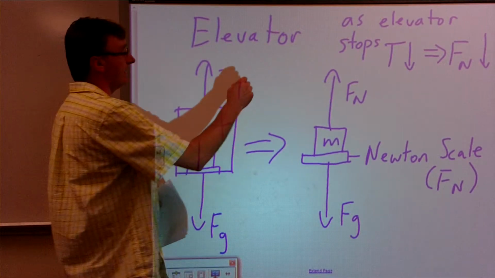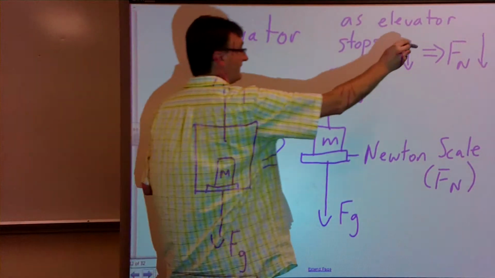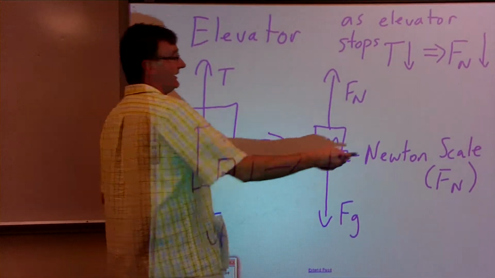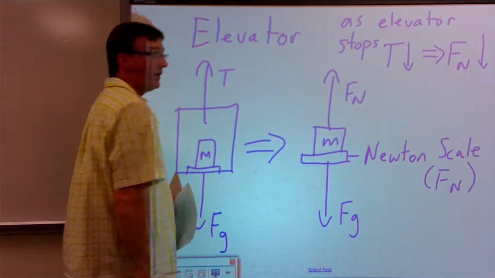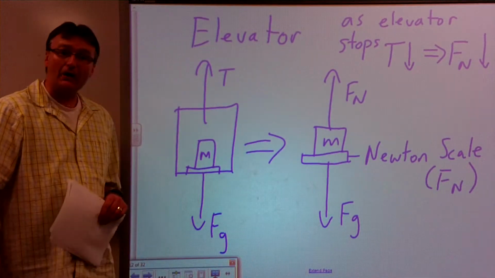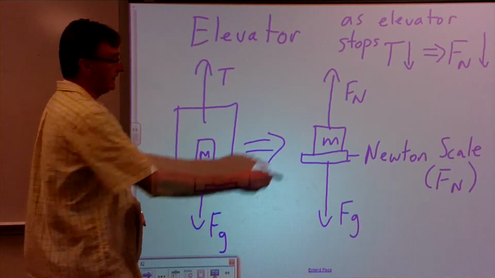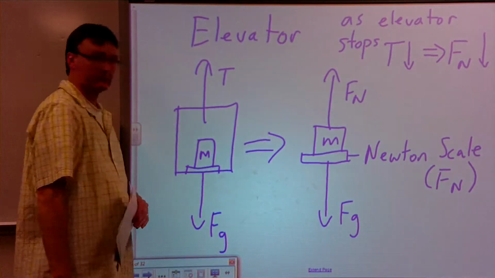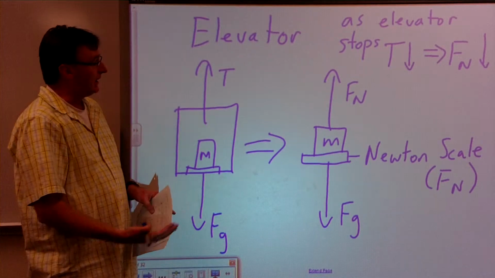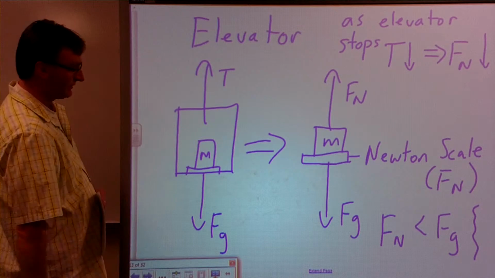In order to stop, the tension force in the cables decreases and will be less than the force of gravity, and hence the normal force will also be less than the force of gravity, just for that instant while the elevator is slowing down. Then it comes to a stop, and of course the normal force again will equal the force of gravity. So that describes a trip on an elevator when you're going to a higher floor. Now let's say you're starting at a certain floor.